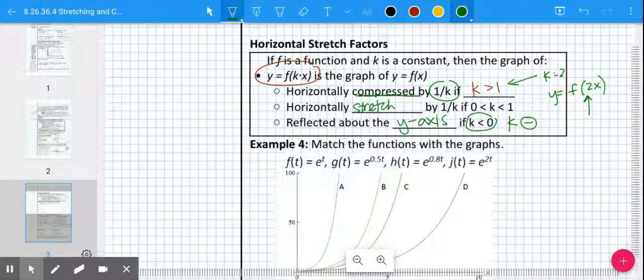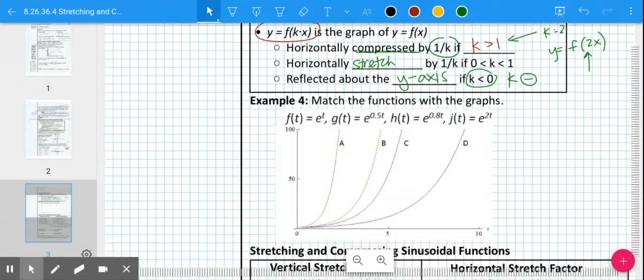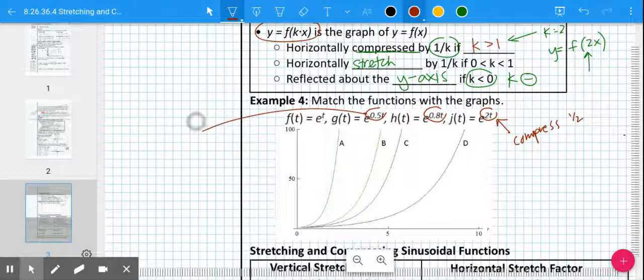What I'd like you to do on example 4 is try to match which function is which graph. So knowing that these are all inside stretches or compressions because they are in with the input, keep in mind how that affects it. We know that the 2t is going to actually do a compression by 1/2, whereas the 0.5t and the 0.8t will both do a horizontal stretch.